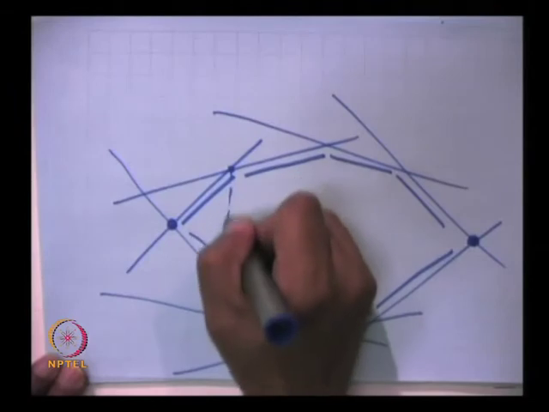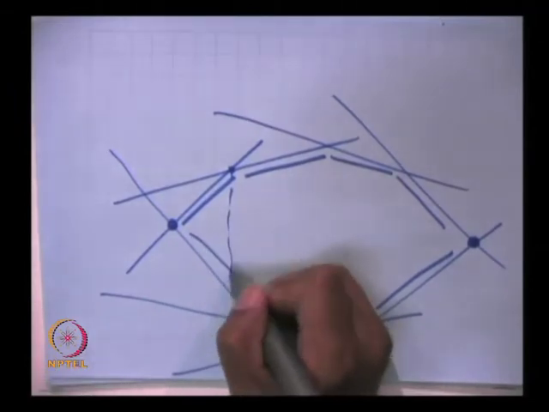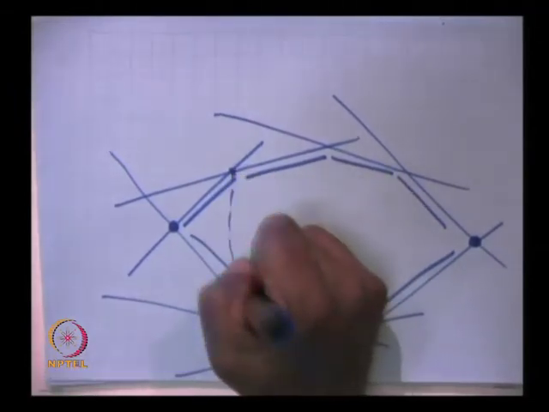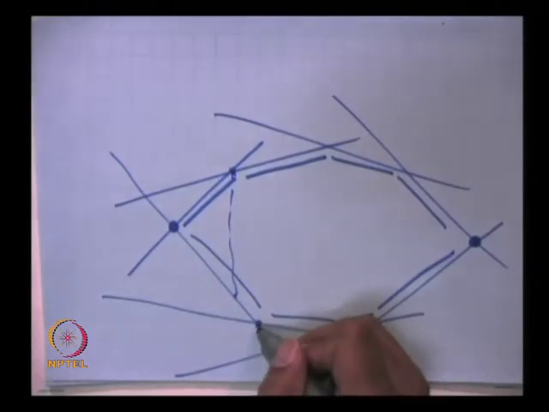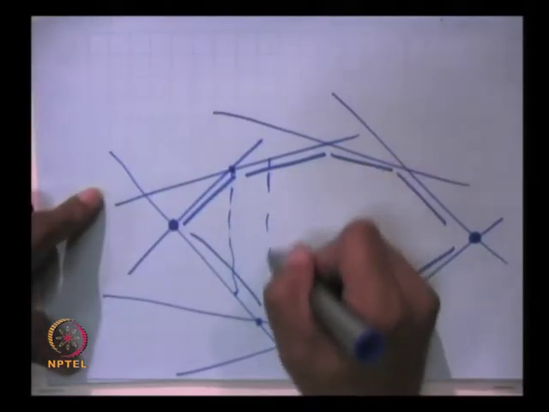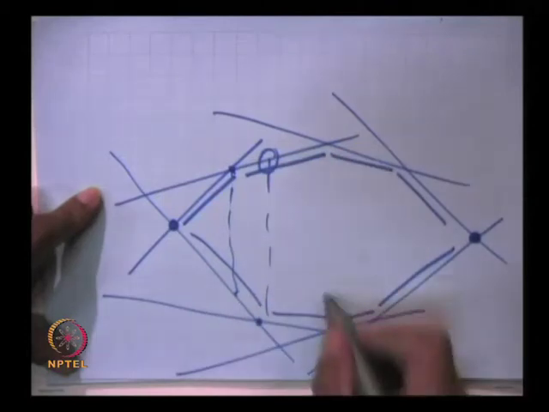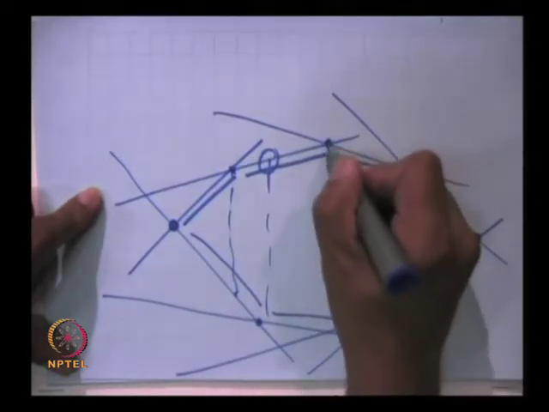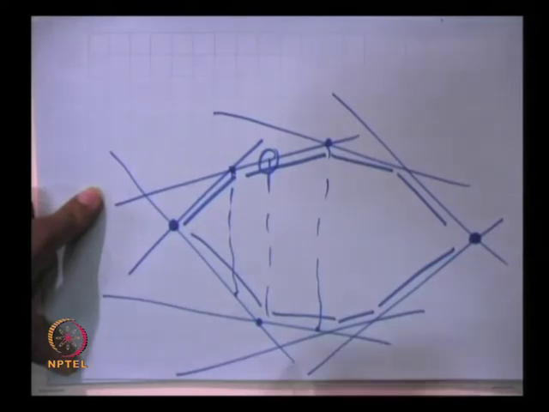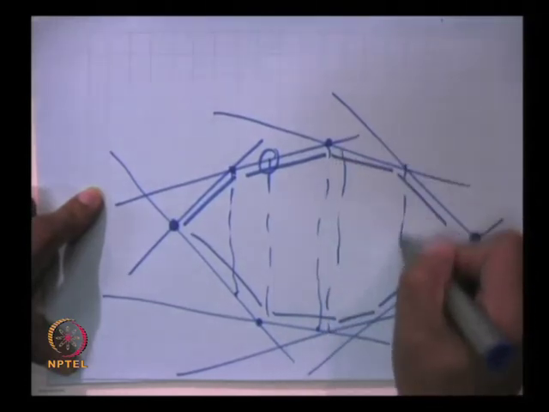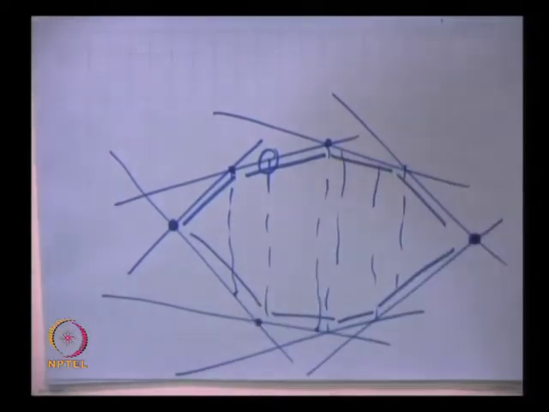When you reach this vertex, figure out which edge you are currently scanning, match this one with this one. Next time you reach this vertex, you see which edge you are scanning, this is this one. Then again you reach this vertex and see which edge you are scanning here, and so on. So, just taking each face and scanning, thinking of merging the top and the bottom boundary of each face, for each vertex you can find the edge that lies below it, and you do the same thing for each face.